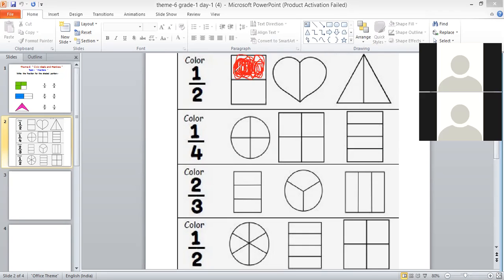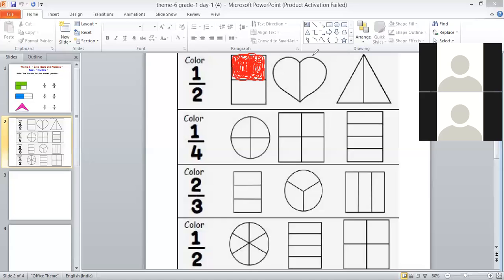Swarnika, the next shape is divided into how many parts? That heart shape is divided into how many parts? 2 parts. And out of 2, how many will you color according to the given fraction? 1. Yes, so we will color only one part of this heart.